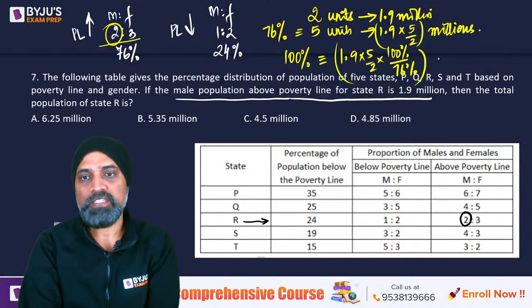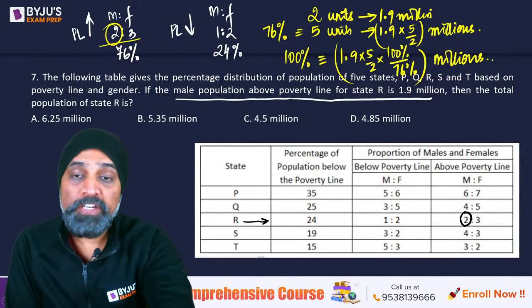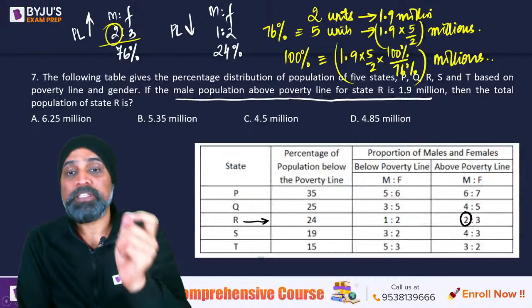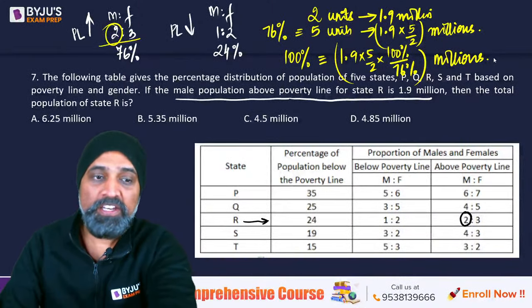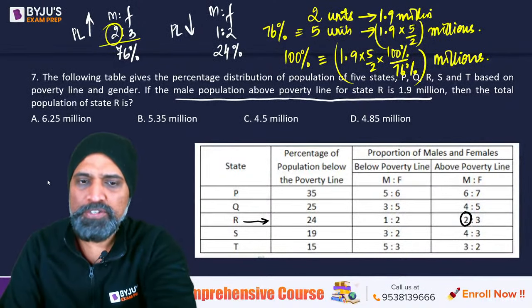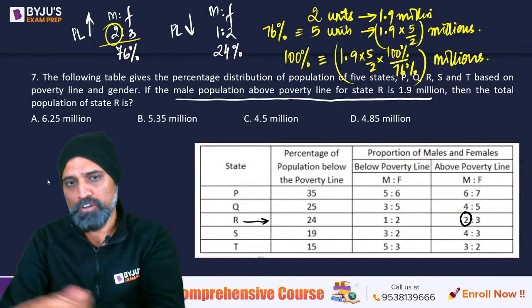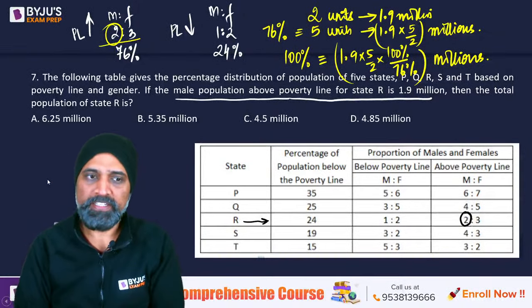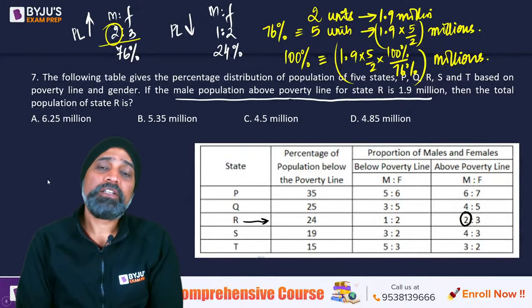So this is the millions of people we have. Now we are pretty sure the answer will be in the table of 19 because 1.9 is in the table of 19. So this should be very straightforward. All we need to do is find out which number out of the 4 options is in the table of 19.